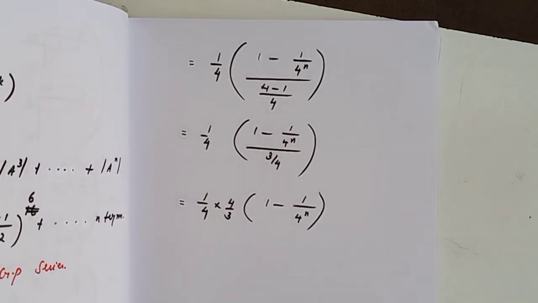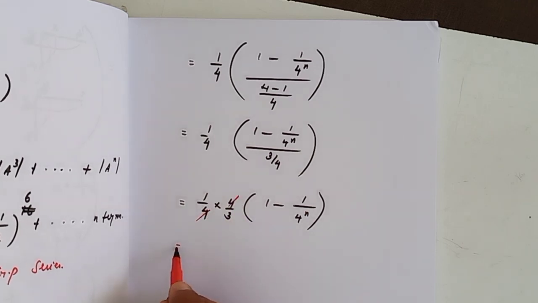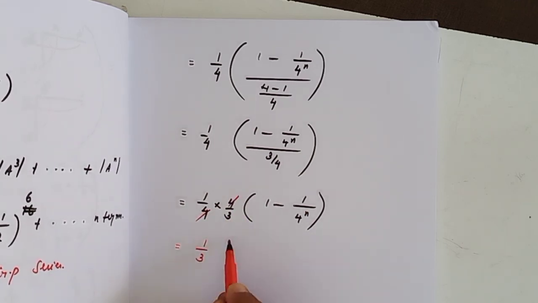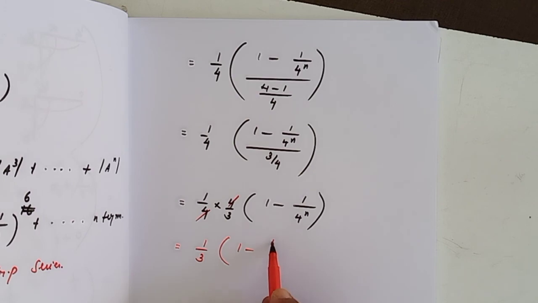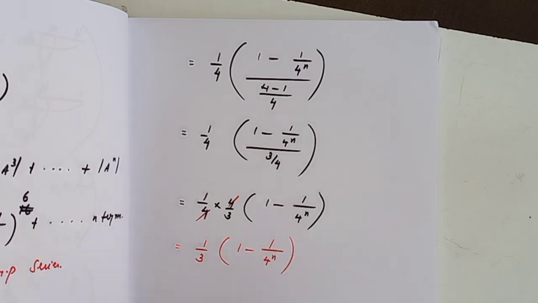So 4 gets cancelled, the answer is 1 by 3 into 1 minus 1 by 4 power n.